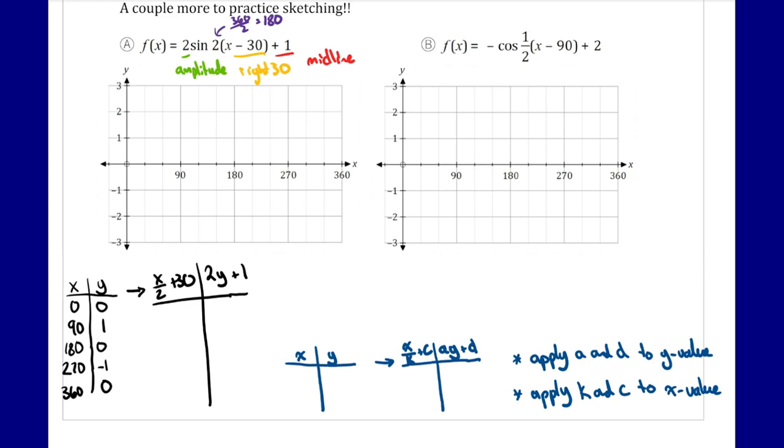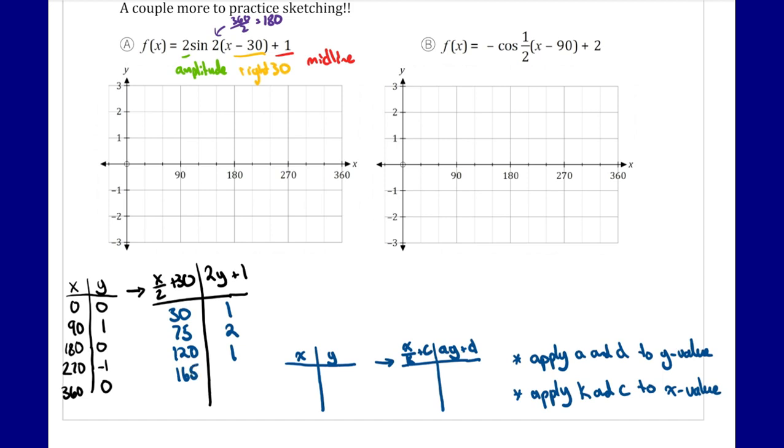So now I'm going to apply these changes to each of the x values from those key points. 0 divided by 2 is 0, plus 30 is 30. 2 times 0 is 0, plus 1 is 1. 90 divided by 2 is 45, plus 30 is 75. 2 times 1 is 2, plus 1 is 2. 180 divided by 2 is 90, plus 30 is 120. 0 times 2 is 0, plus 1 is 1. 270 divided by 2 is 135, plus 30 is 165.